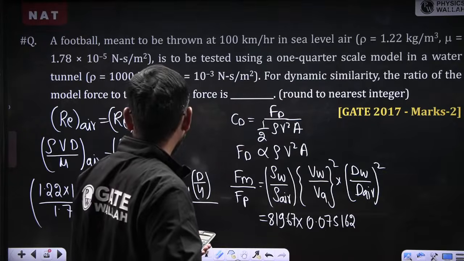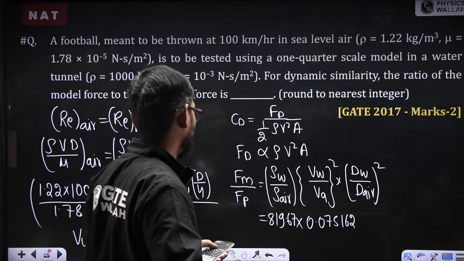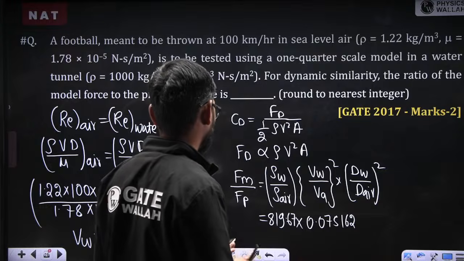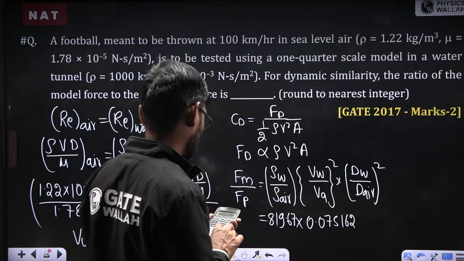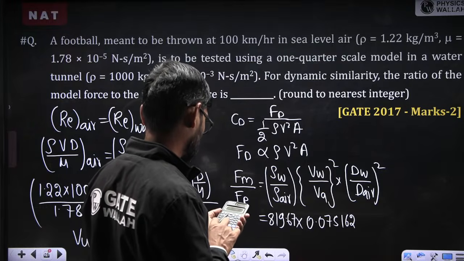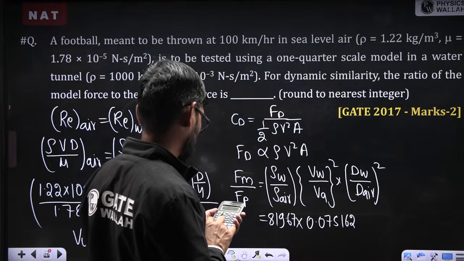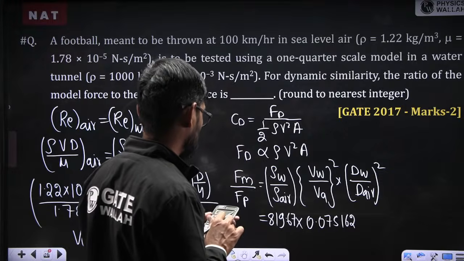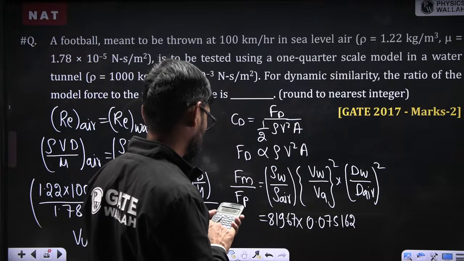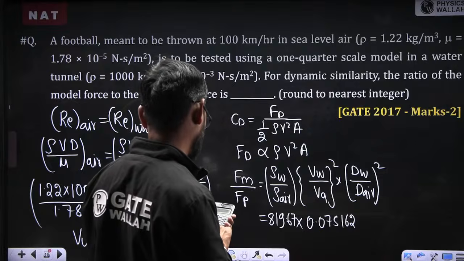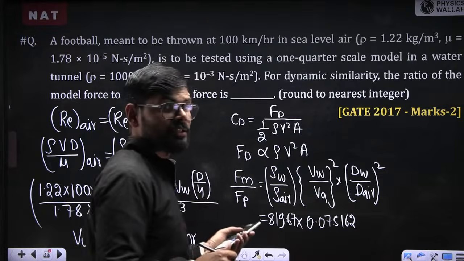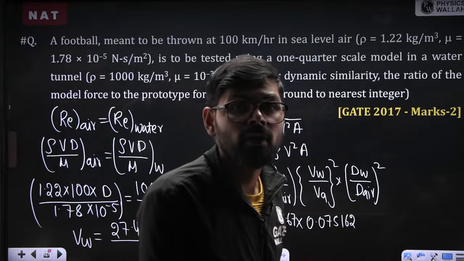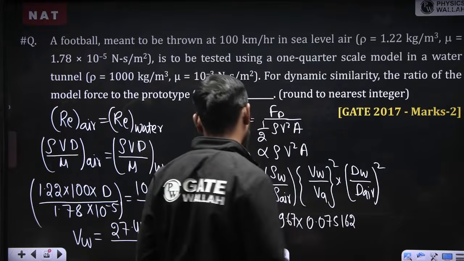Okay, d of the water is d by 4. Is it 3.85? 3.85, yes, correct.